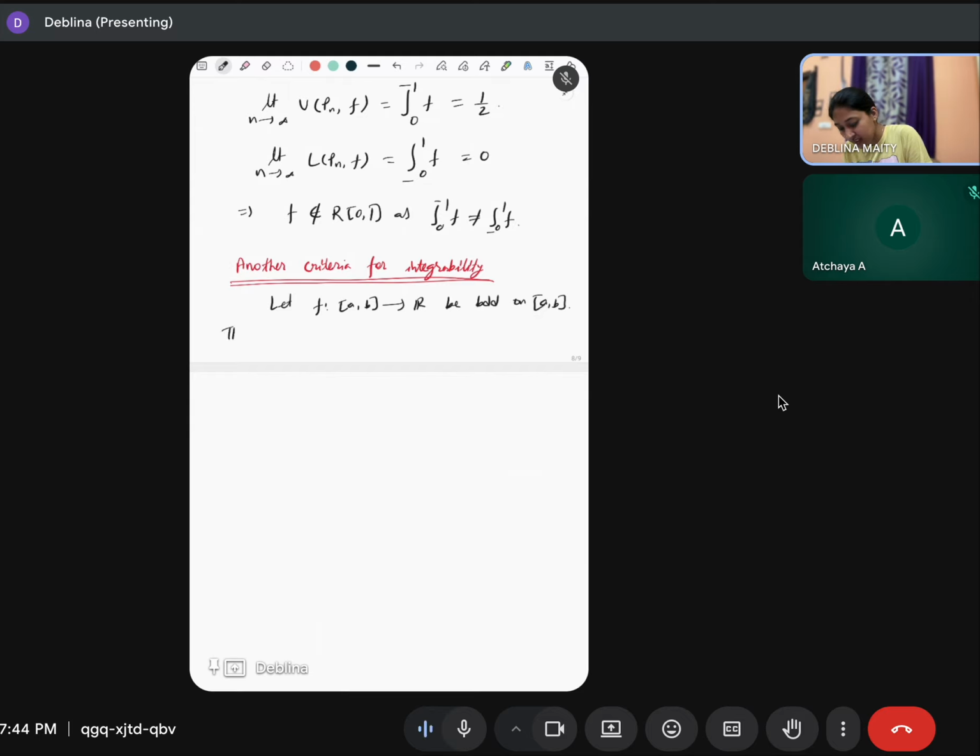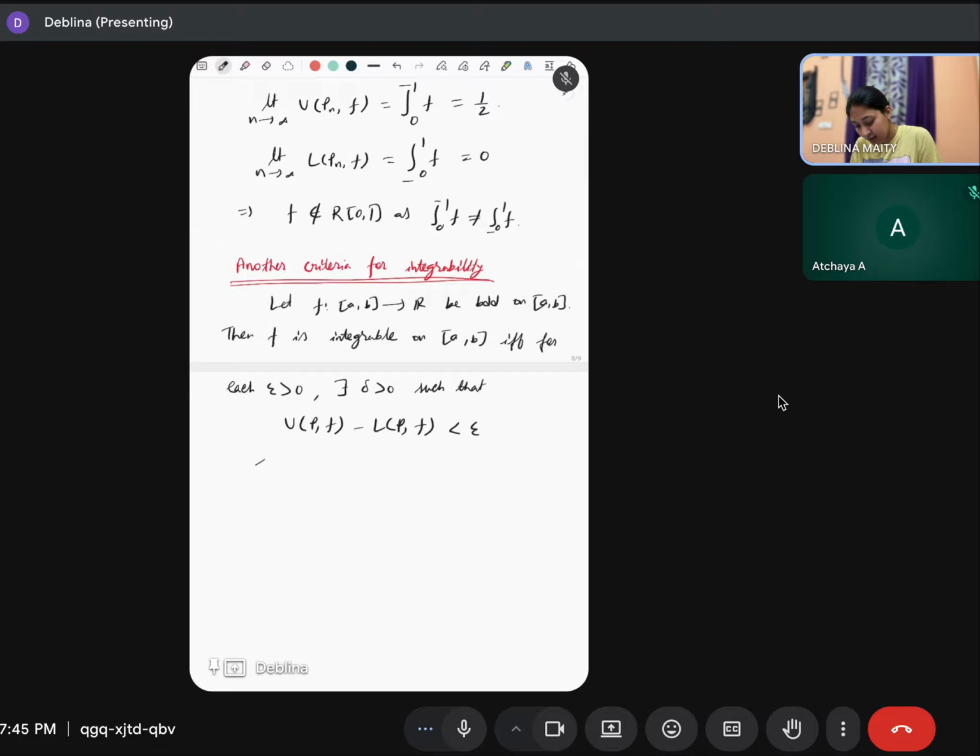Then f is integrable on [a,b] if and only if for each epsilon greater than 0 there exists delta greater than 0 such that U(P, f) minus L(P, f) is less than epsilon for every partition P of [a,b] satisfying norm of P less than delta, right? This is the epsilon delta definition.